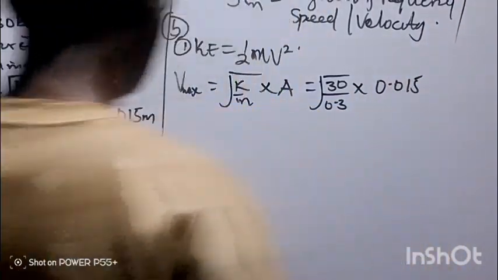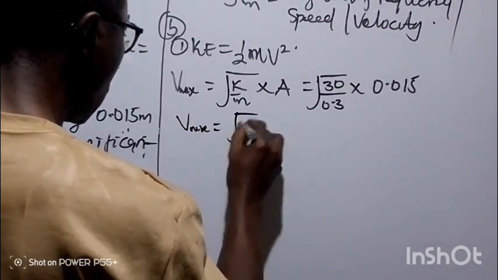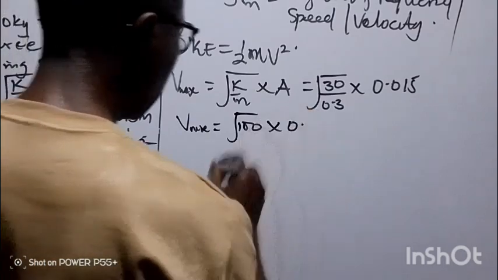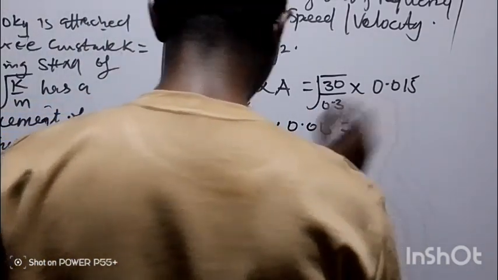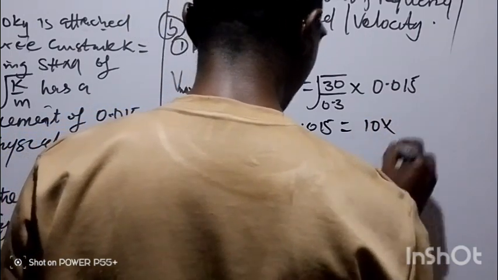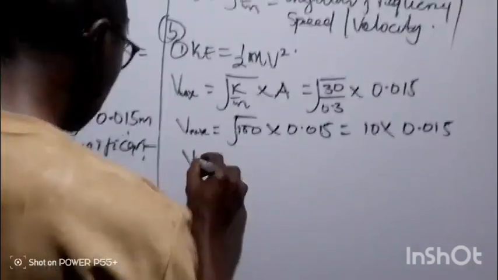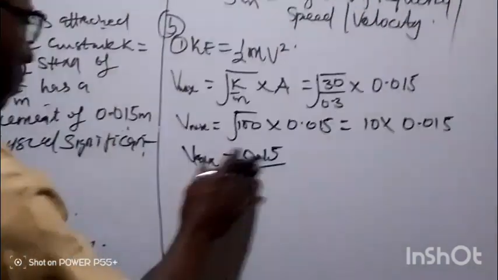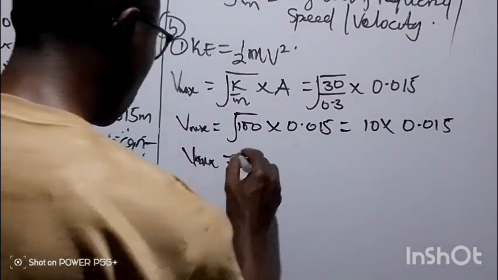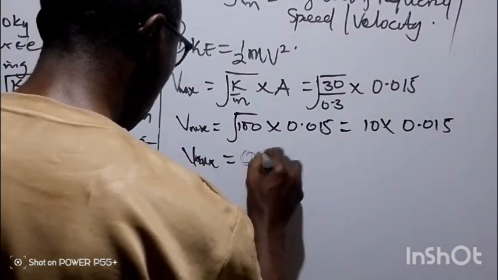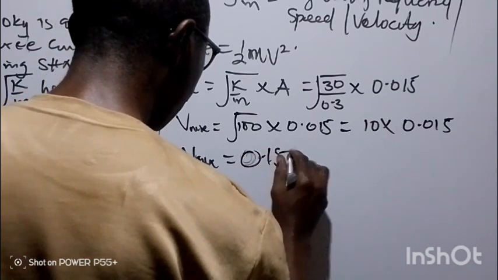V maximum will be equal to root 100 multiplied by 0.015, which is equal to 10 multiplied by 0.015. V maximum will be equal to 0.15 meter per second.